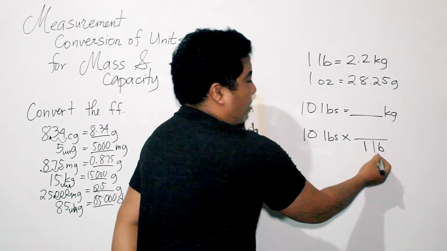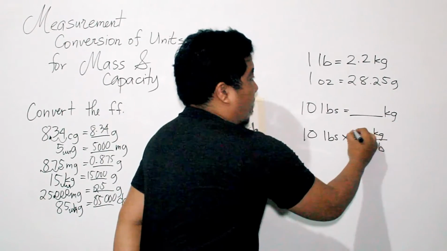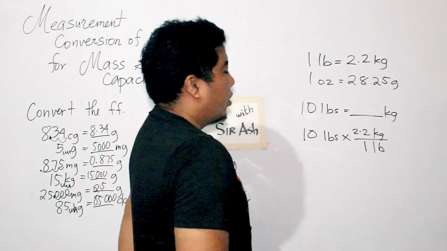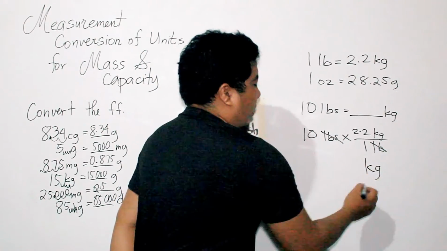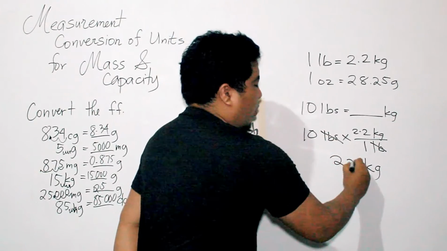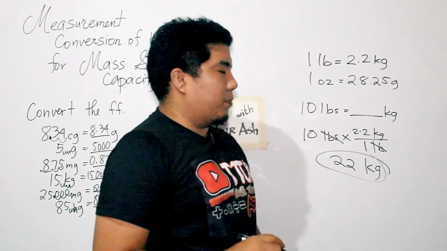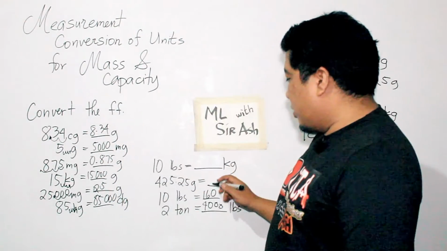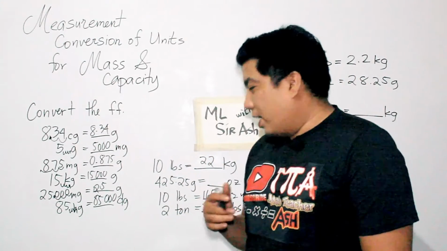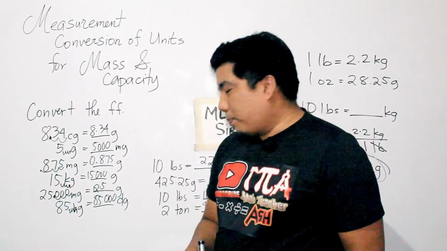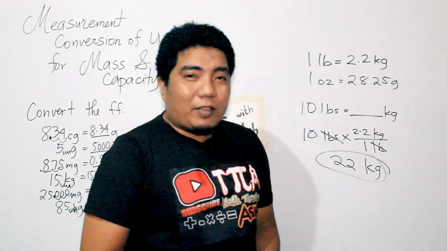So, there we have 1 pound. How many kilograms? We have 2.2. Okay. So, this will be cancelled. We have the kilograms. So, 10 times 2.2, that will give you 22 kilograms. So, basically, the answer for this one is 22 kilograms. Easy, right?